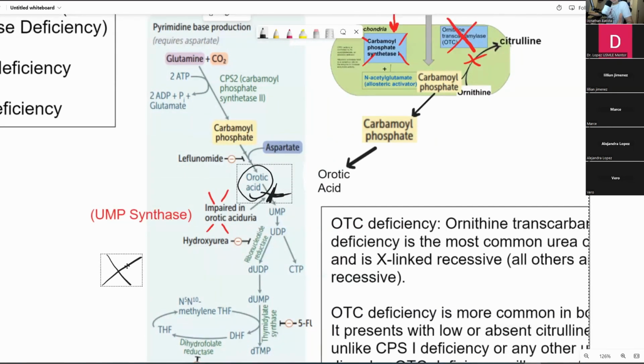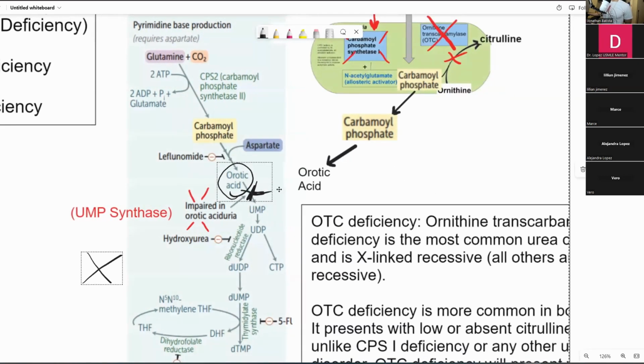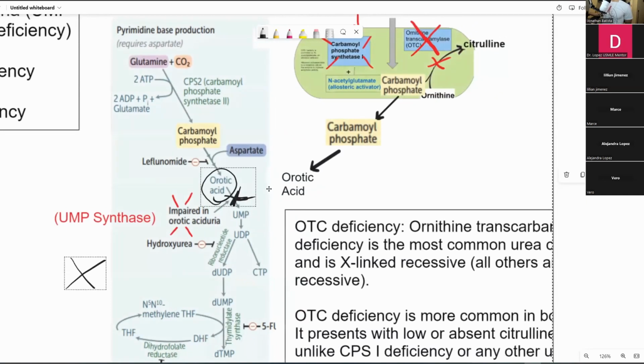When you have a problem and CP1 is messed up, you shunt to the other, CP2. So hold on. For this one, pretty much CP1 is messed up. Not on this one. In this disease, CP1 is working. Everything's good in CP1.